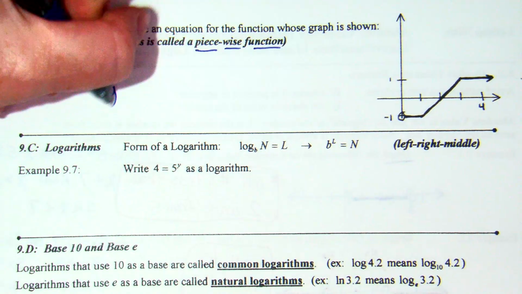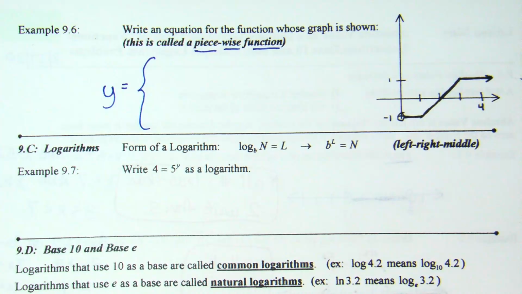So this is going to be the idea. You've seen piecewise functions before. Do you know what I mean? When it's like y equals, and it could equal x, it could equal x plus 2, it could equal 3, whatever it is. So what we need to do is figure out what the different equations are. Okay, so let's pick a piece here.